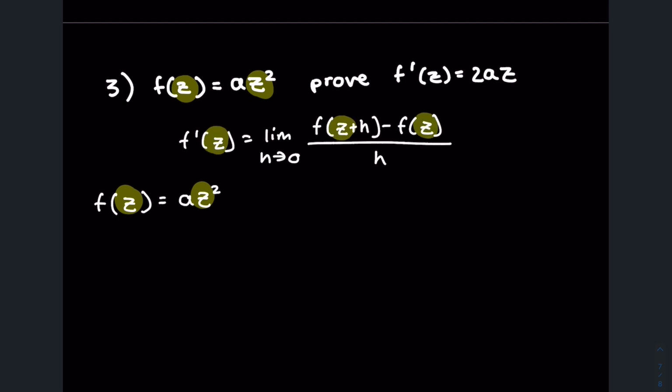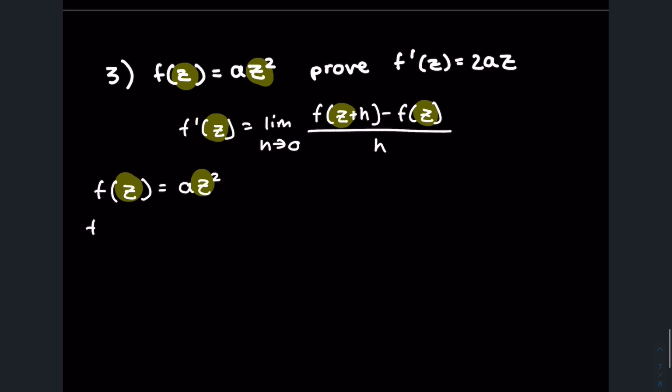It's just a variable. It doesn't matter what they actually are. They can all be replaced with different things or different variables. So finding out f of z plus h is just replacing our z with z plus h. So we're going to have a lots of z plus h all squared.